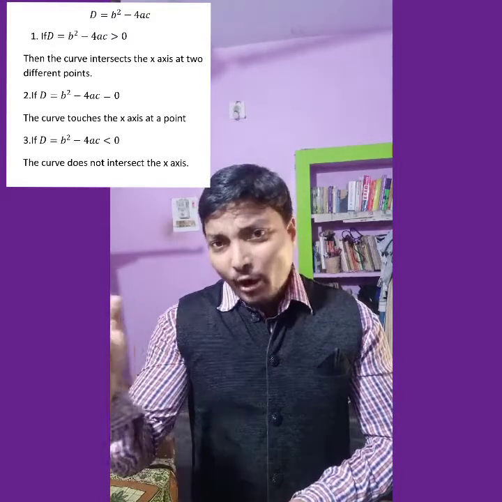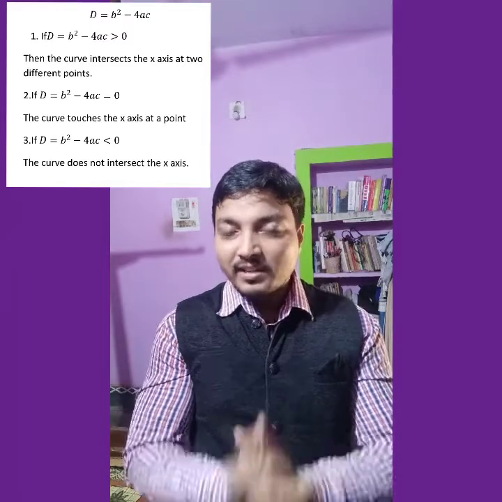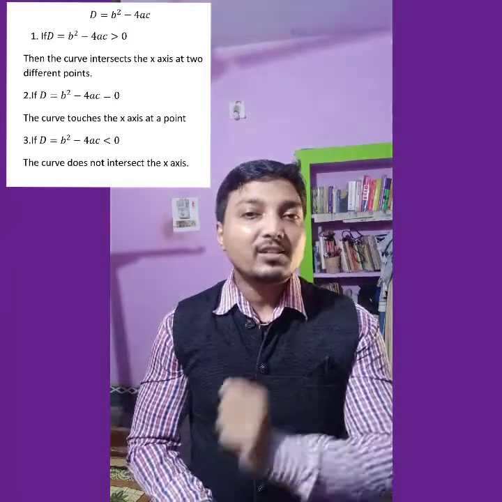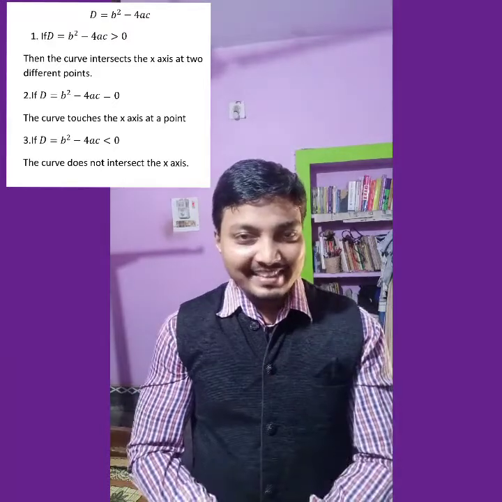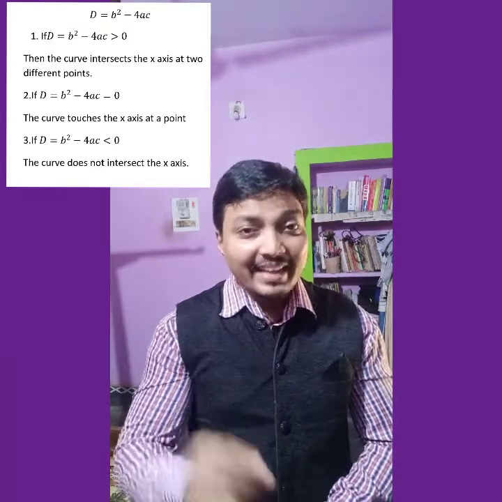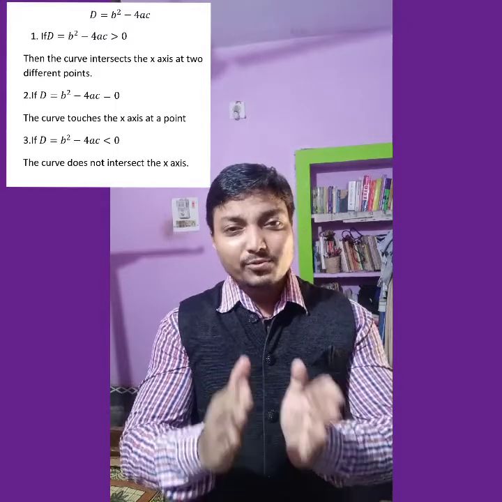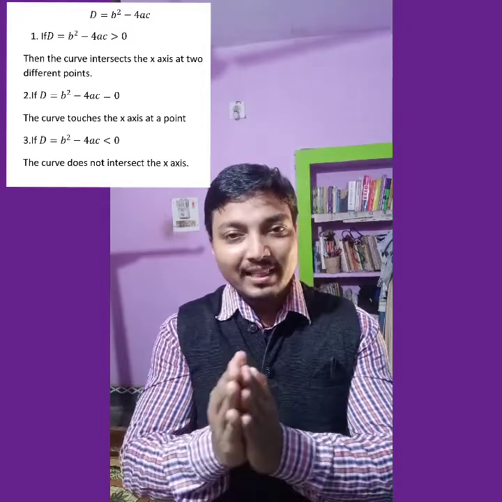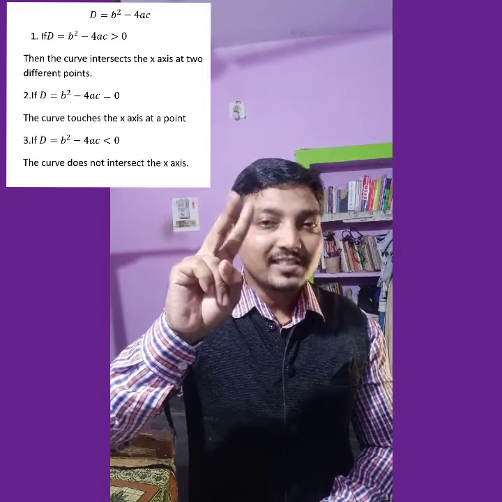So a, b, c are already known, so you can find the discriminant D. Its value is b square minus 4ac. If b square minus 4ac is greater than 0, then it intersects the x-axis at two different points.